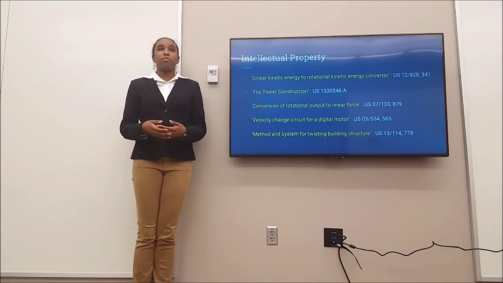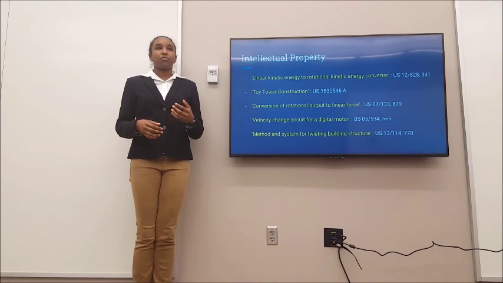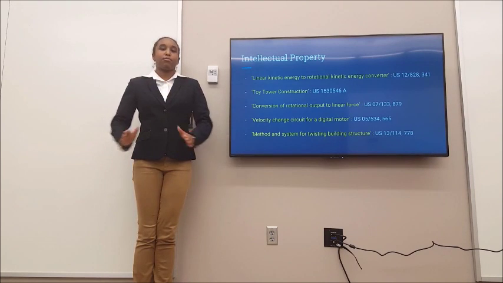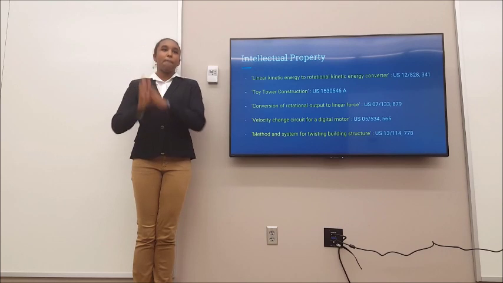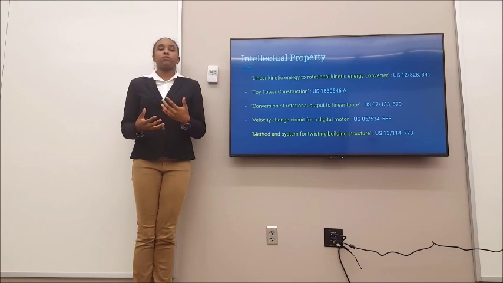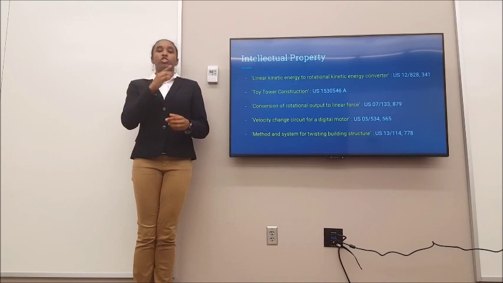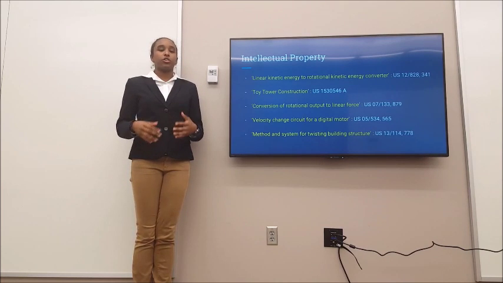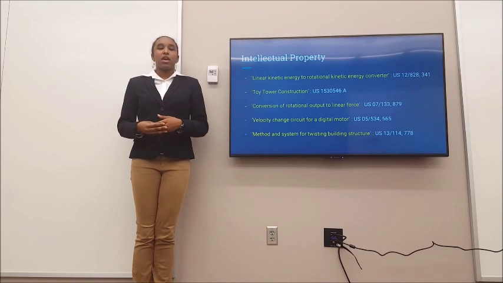This patent has expired, but our idea, which stems from this patent, is that our structure of the tower will start off wide at the bottom and get more narrow as it gets closer to the top. And in designing our tower, it will have the crisscross structures in order to have more support and more sustainability, and to also create aesthetics.